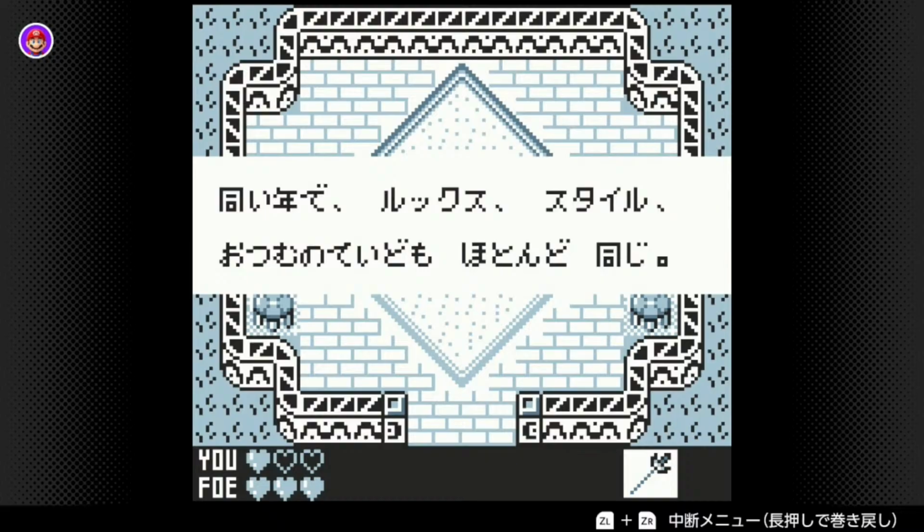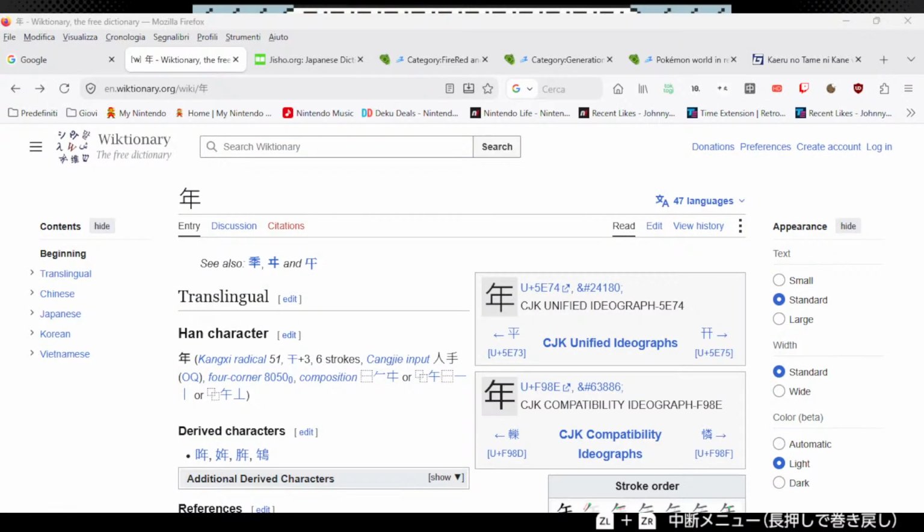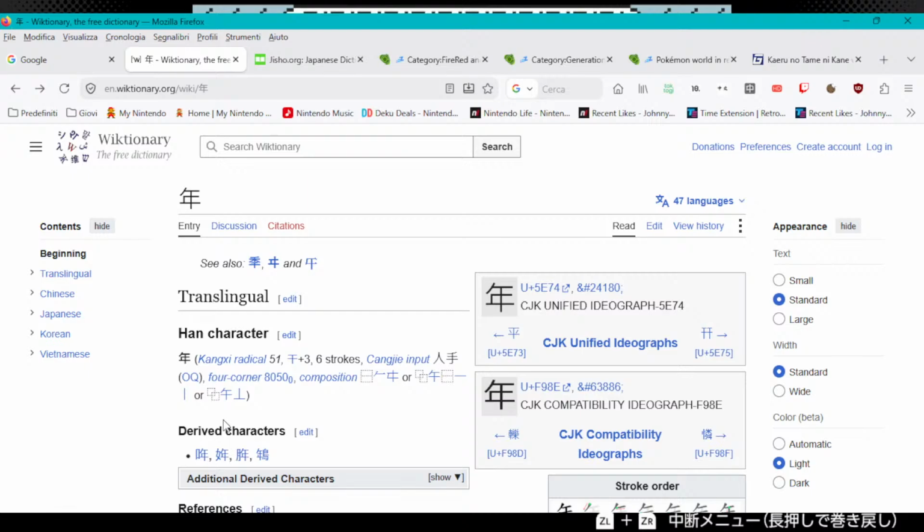So we'll study that. We start by opening Wiktionary as usual. Yeah, here I already have it ready, as you can see. As usual, we'll start with its components.